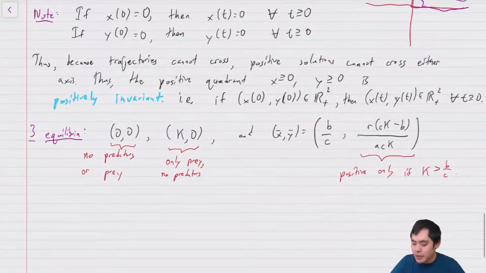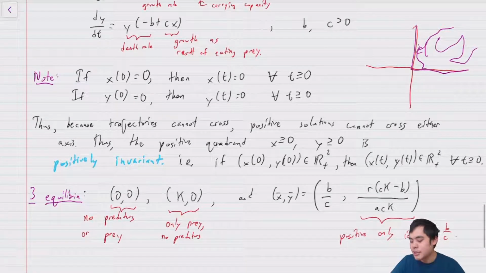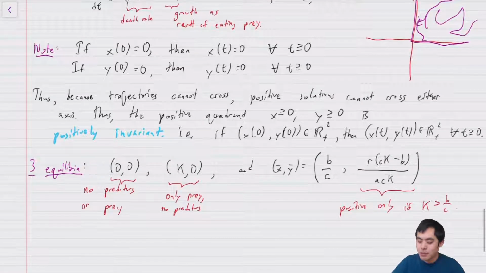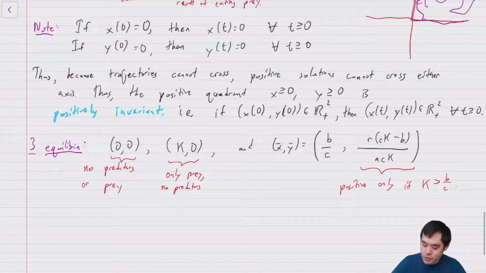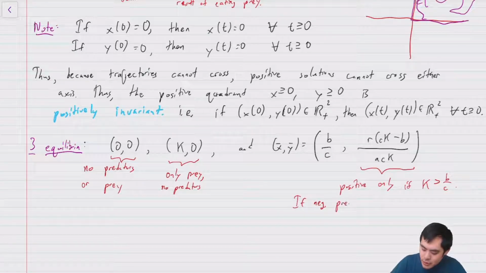If your carrying capacity isn't greater than b over c, well, then the prey population isn't large enough to support your predators.